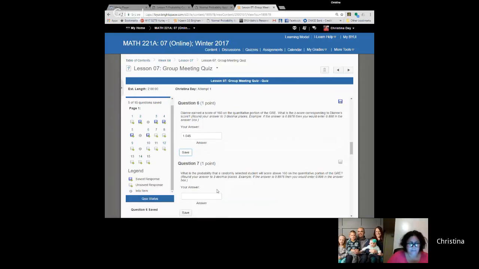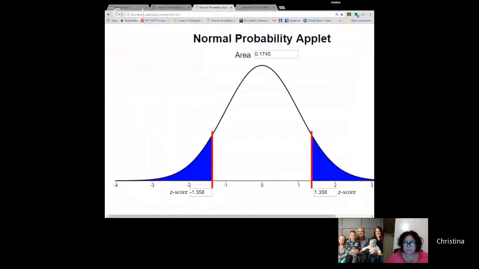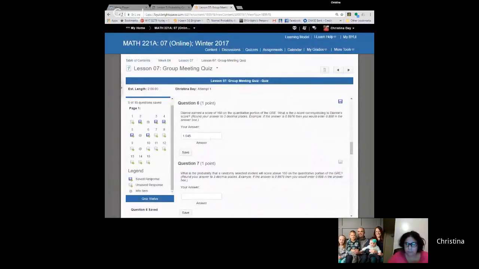What is the probability that a randomly selected student will score above 160 on the quantitative portion? So opening the applet, it says scores above that. Above 160.